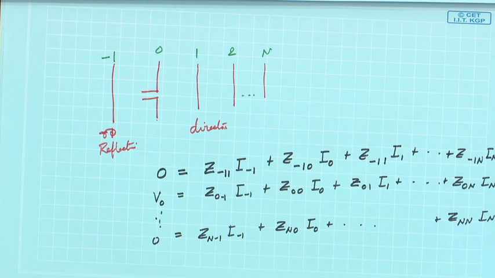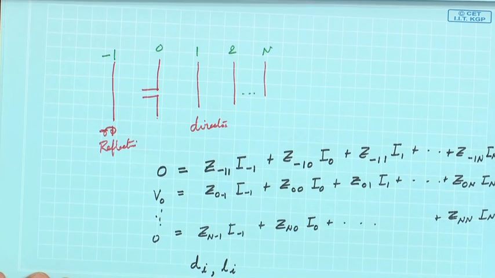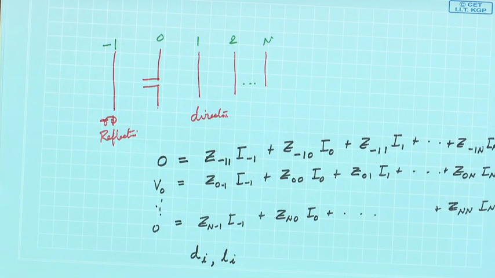So, the design problem is to choose the spacing di and element length li such that the currents Ii will have the proper phase to provide in-phase addition to the radiated field in the forward direction.